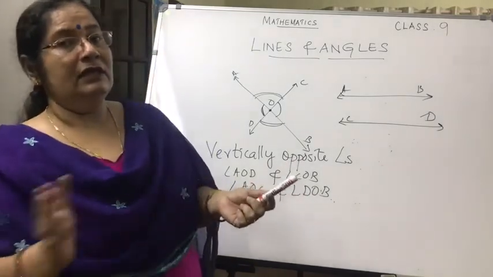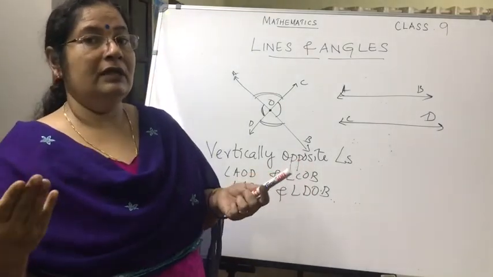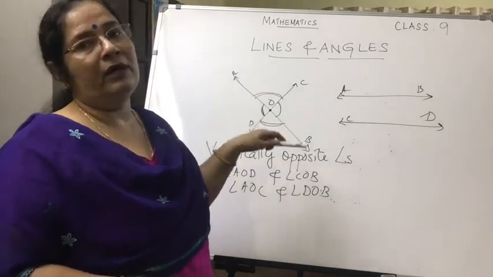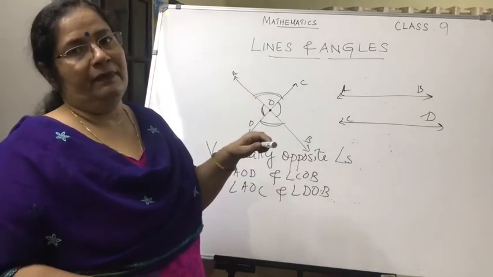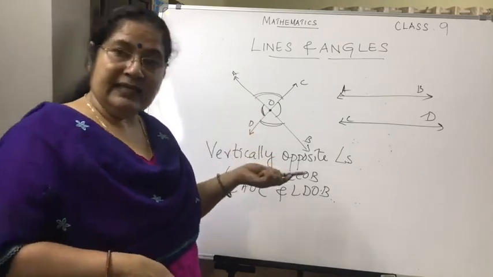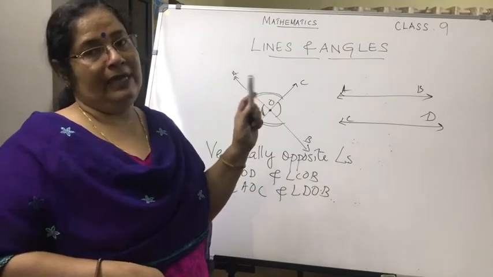Further, if you want to learn more in this chapter, you should be thorough with all these terms. Hope all of you have understood the basic terms related to lines and angles.